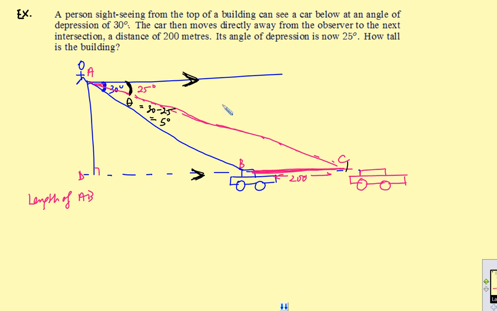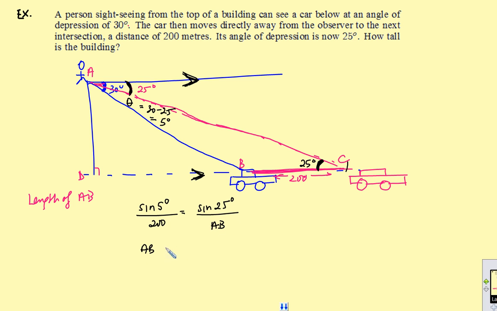So if this is 25 degrees, then this angle inside here, because of a Z pattern, also has to be 25 degrees. So now I have two angles and a side, which means that I can most probably find the length of AB. So the sine of 5 degrees over 200 has to equal the sine of 25 degrees over the length of AB.